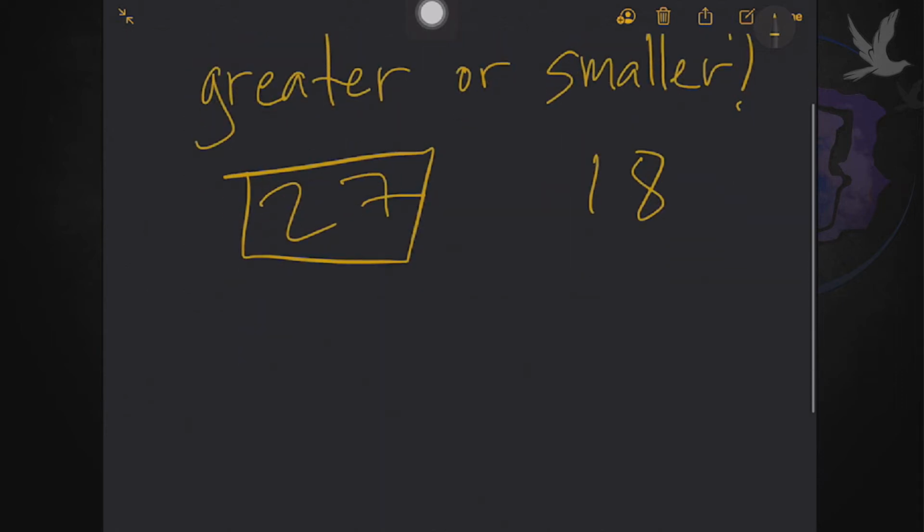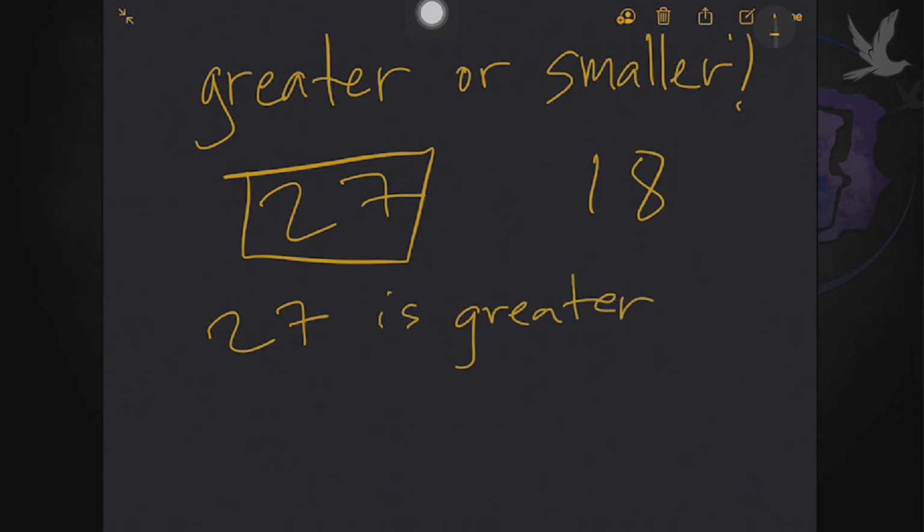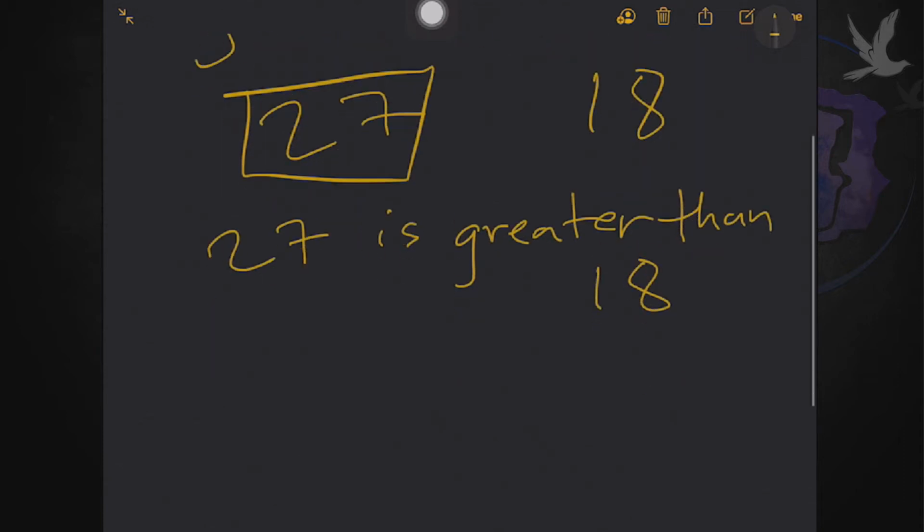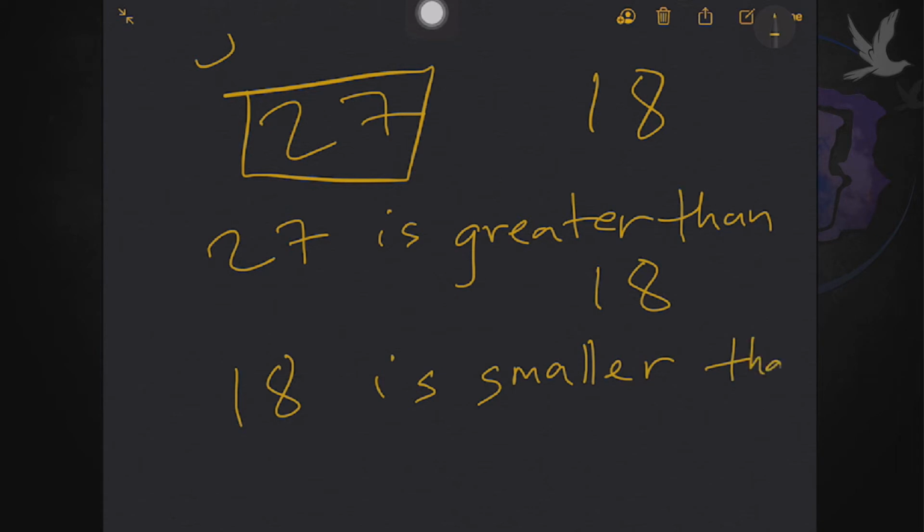So for now, we can say that 27 is greater than 18. And we can also say that 18 is smaller than 27. Okay? So we were able to write two mathematical sentences out of the given example.